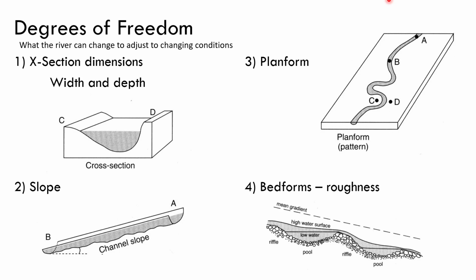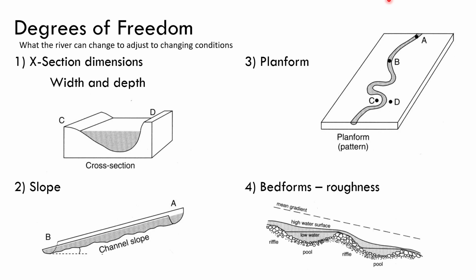So one of the things that we need to talk about is what can a river actually change. So if conditions change, so if we get more precipitation that leads to more discharge, or if we get changes in our sediment supply, what can the river actually change? And so we generally talk about this in terms of 4 degrees of freedom, so things that can actually change.